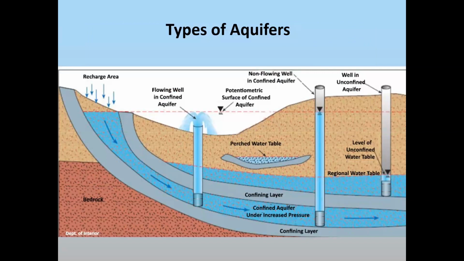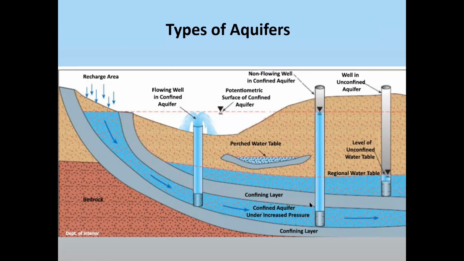Now, when we think about wells, we often think about aquifers, and an aquifer is basically just how water is stored, and there's different types of aquifers. Typically, you might be familiar with the shallow water table, for example, and the shallow water table is just that. It's water from precipitation that has filtered down, infiltrated, or percolated down into an area, the water table, which is then restricted from going further by some sort of confining layer.